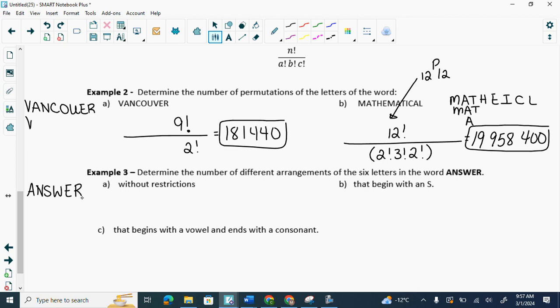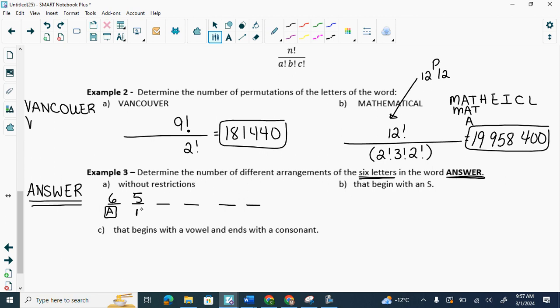Okay, so we want to determine the number of arrangements of 6 letters in the word answer. Answer is all 6 letters, okay? No restrictions. I'm going to have how many for the first one? 6. Then 5, 4, 3, 2, 1. Or it's a word, so I always have to remember to do what? Box and hold. Keep a letter. So say I keep the A here. Then I have 5.